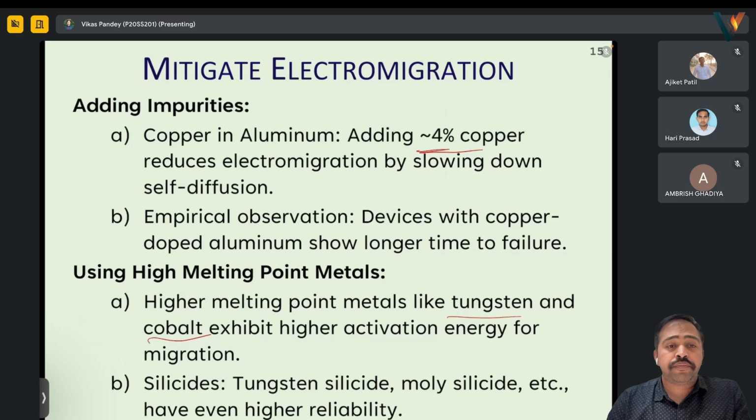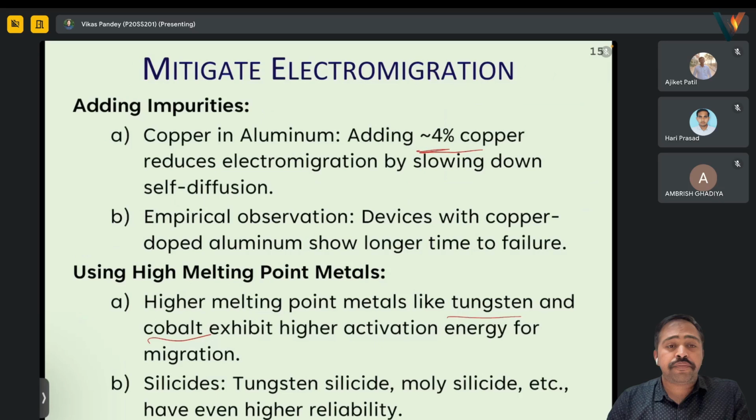Now the second thing is that aluminum was the most common one earlier. Now microfabrication is moving towards copper metal lines. Aluminum had the advantage that it was low cost and worked very well with silicon. It has low resistivity, one of the lowest in the periodic table, and it was excellent for early microfabrication use.